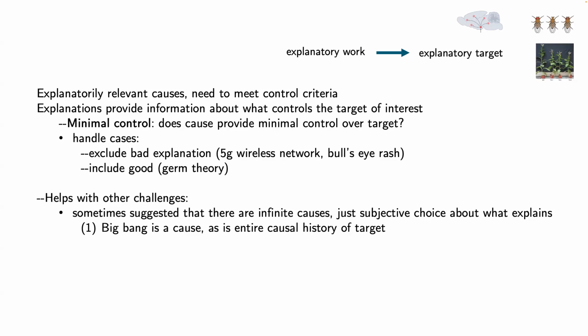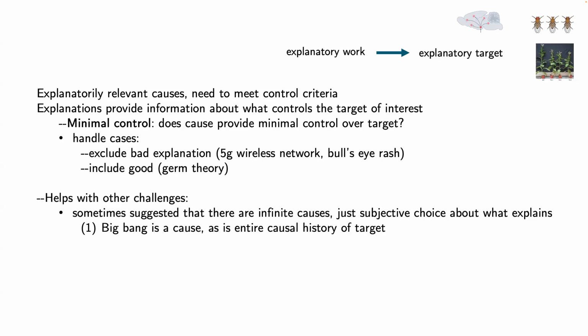So one of the puzzles shows up more in philosophy. It's suggested that if you want to explain any kind of target, even things like fruit fly eye color, well, if you look back in the causal history of that target, you can go back for a very long time. You can go all the way back to the Big Bang. And those are all legitimate causes that you would need to cite if you were to give an explanation of the target.